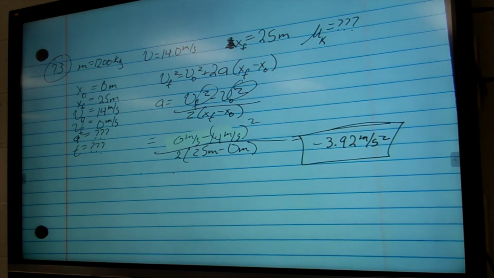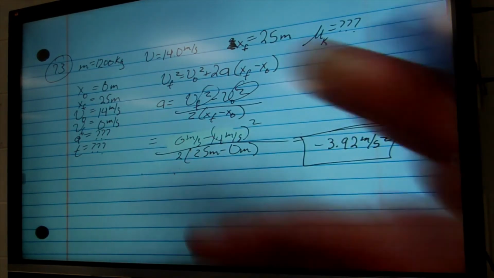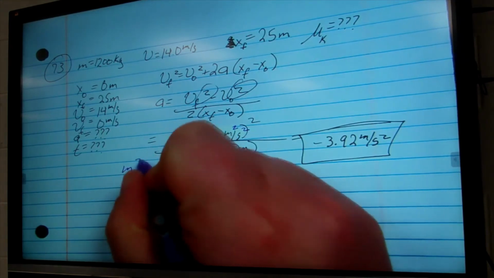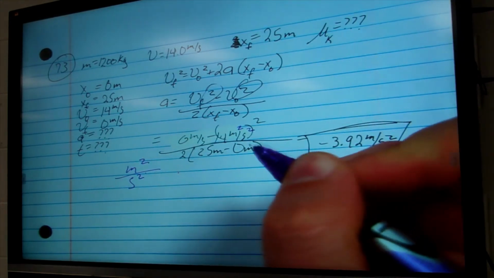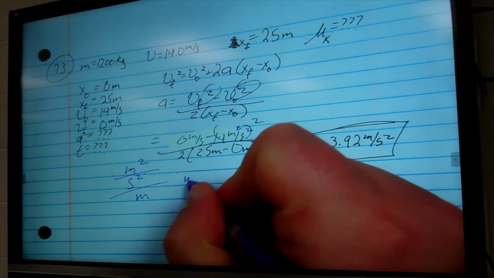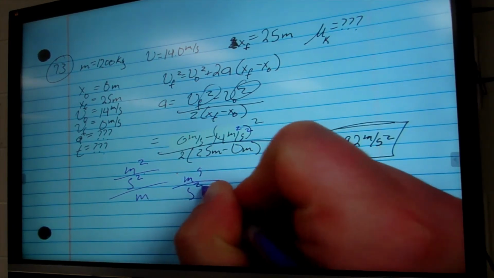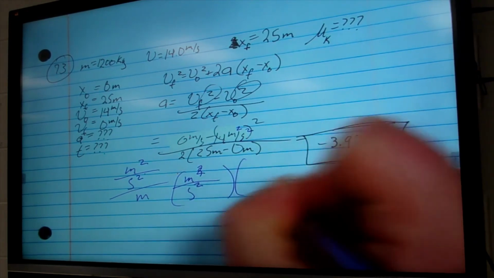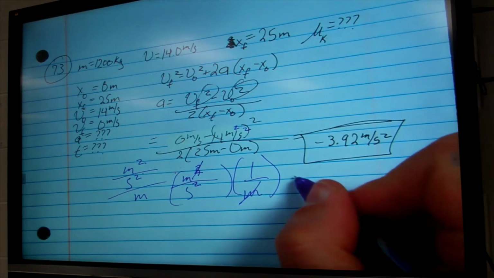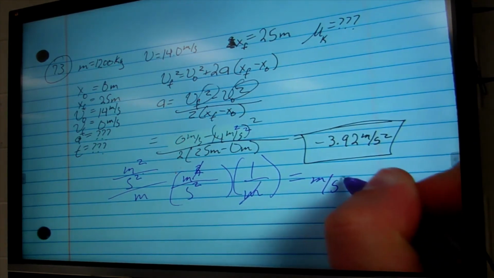The square applies to both the meters and the seconds, so you have meters squared divided by seconds squared. Dividing by meters means multiplying by 1 over meters, and one meter will cancel, leaving you with meters per second squared.